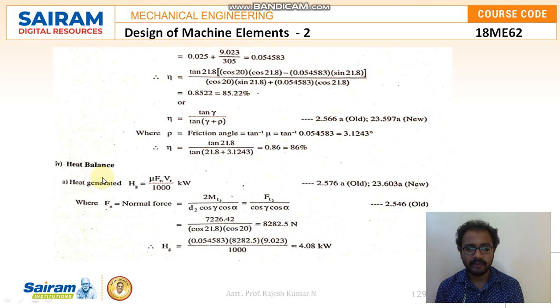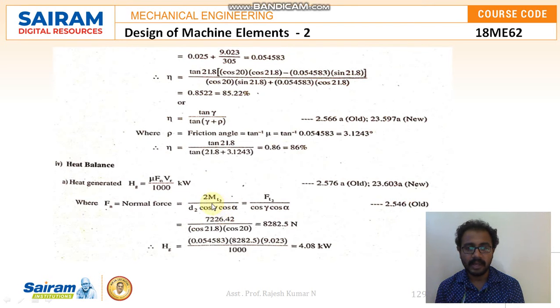Then the next step, the fourth step, is the heat balance, where the formula is 23.603 from the 23rd chapter of the design data handbook, and the formula is Hg is equal to mu into Fn into rubbing velocity divided by 1000. So the heat generated will be obtained in kilowatts. Fn is nothing but the normal force, the formula is 23.546.